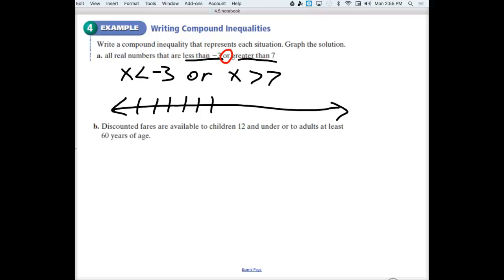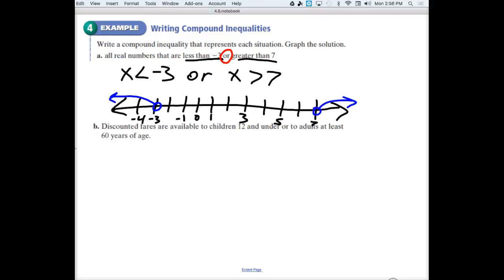So if we start down here at -4, -3, I'm going to start skipping so that we don't have to write every single number as long as the tick marks represent the same amount each time. So you can see how x is less than -3, so that's an open circle and to the left, or x is greater than 7, open circle to the right. And really, remember from that first example, whenever we're graphing the or, you just graph each one separately.